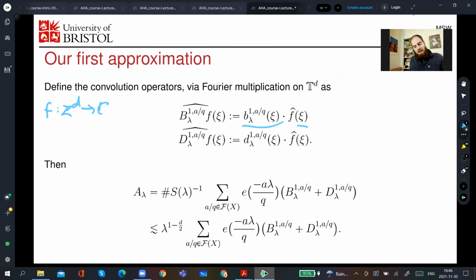And then to get back B of f, I just apply the inverse Fourier transform. Same thing for D. So my averages now, for each lambda, I can write as this finite linear combination of operators right here.